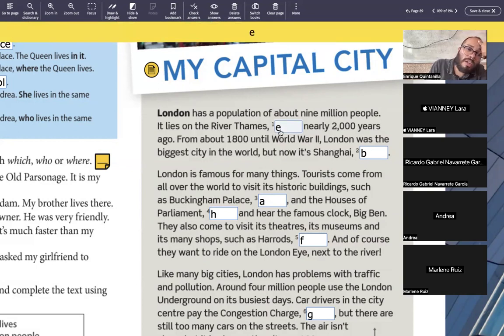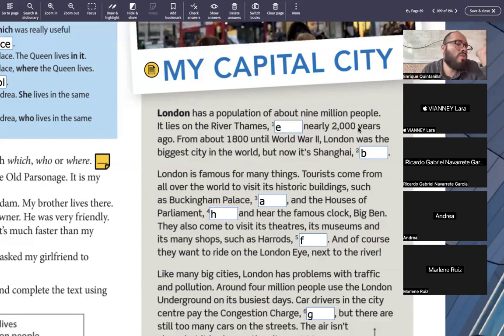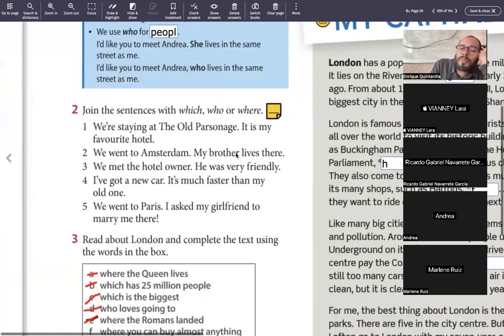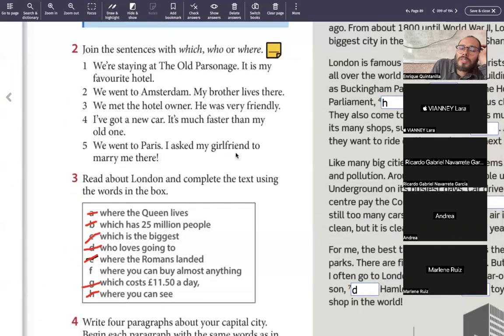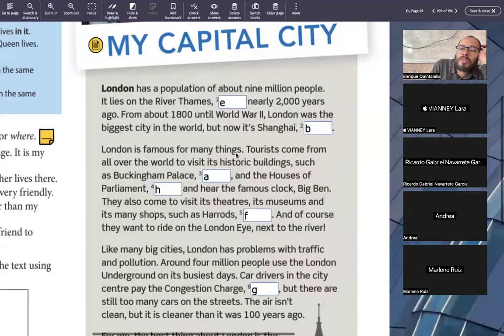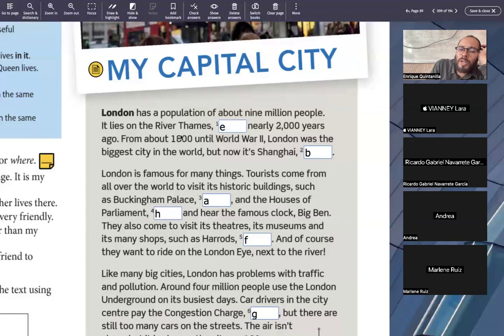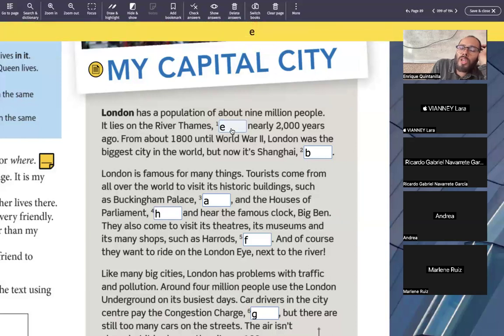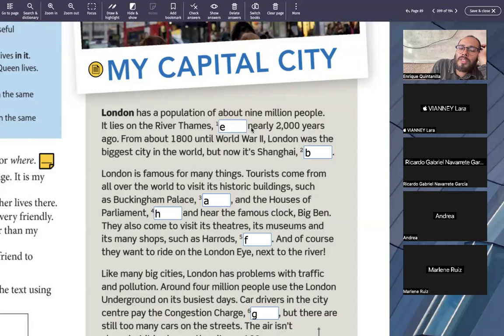which was built 1,000 years ago, no? Aquí podemos inventar if you are not sure. Perdón, no es which, es where, ¿no? It lies in the north of Morelos, where it was built 1,000 years ago, no?